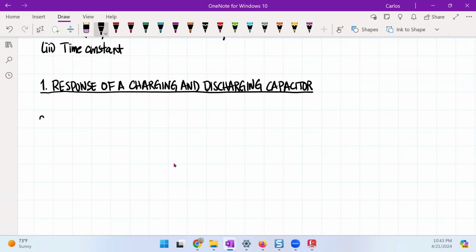So let's talk about the charging capacitor response.